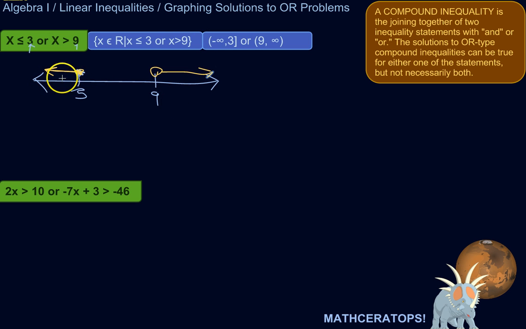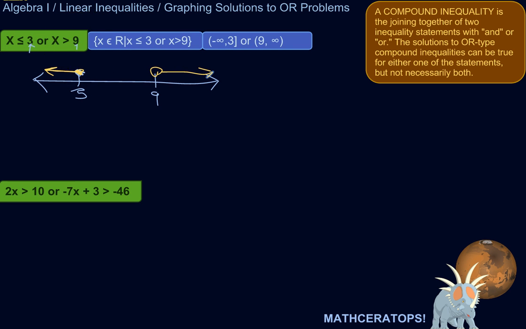So anything that's over here would be fine, or anything over here would be fine. So it's pretty inclusive, right? So basically any number except for the few numbers that are between 3 and 9. Of course, there's an infinite number of numbers between there, but anything except for this little range here would count as a solution for this compound inequality.